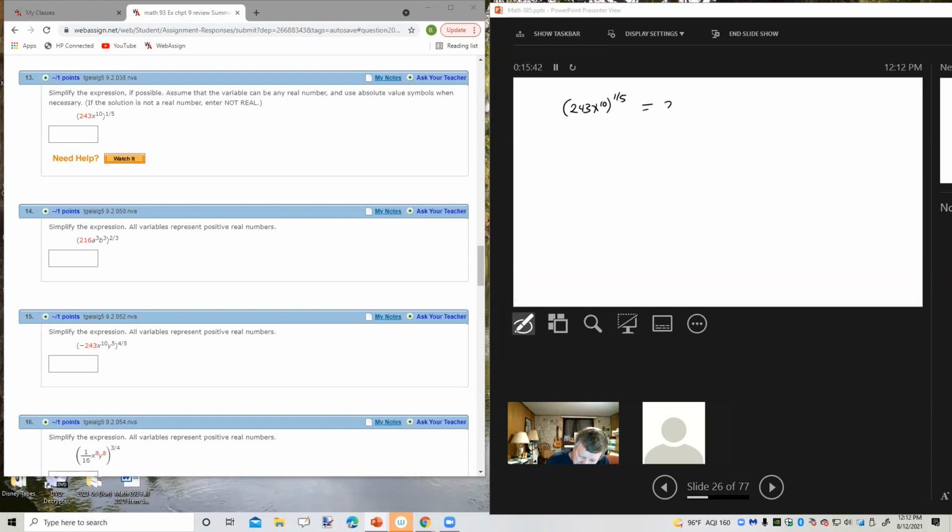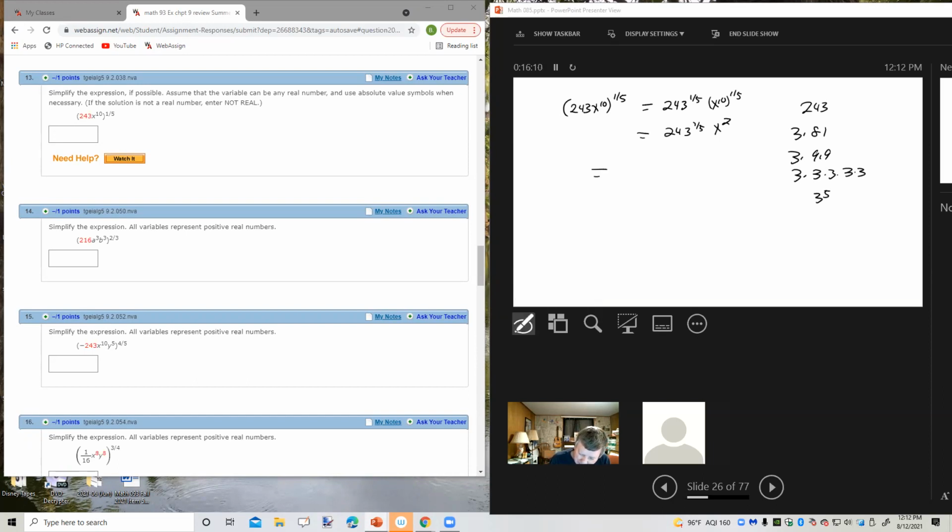So that's the same thing as 243 to the 1/5 power times x to the 10th to the 1/5 power, which is 243 to the 1/5 power x to the 10/5 or x squared. So let's see, 243 is 3 times 81, is 3 times 9 times 9, is 3 times 3 times 3 times 3 times 3, which is 3 to the 5th power, right?